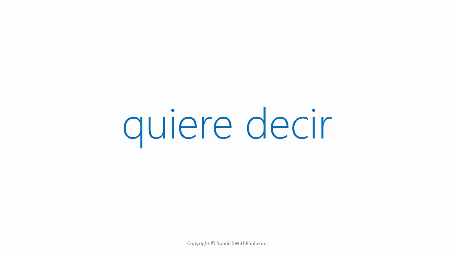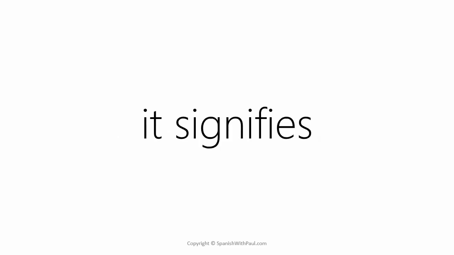However, what you'll typically find amongst native Spanish speakers is when they want to express it means, it's more common to say it signifies. And they have a verb for this, which is very close to what we know in English.